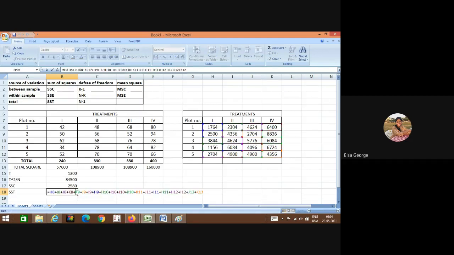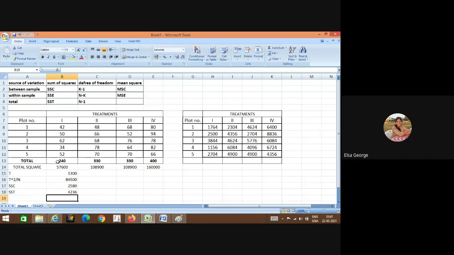Now this is not all. We need to do minus t square by n. For all the values, you will have to deduct t square by n at the end. So we also got SST.